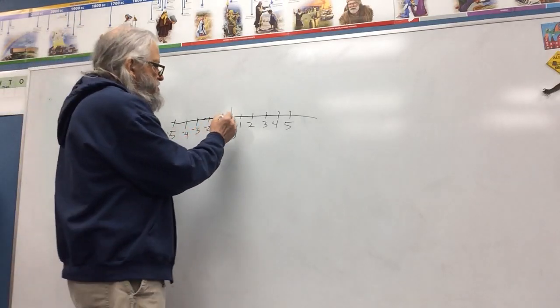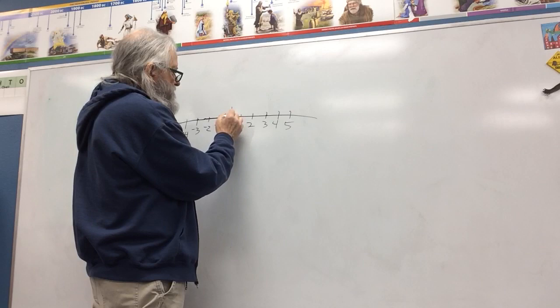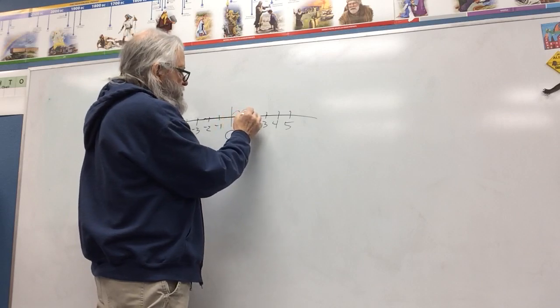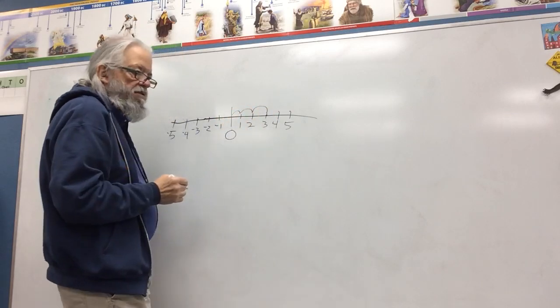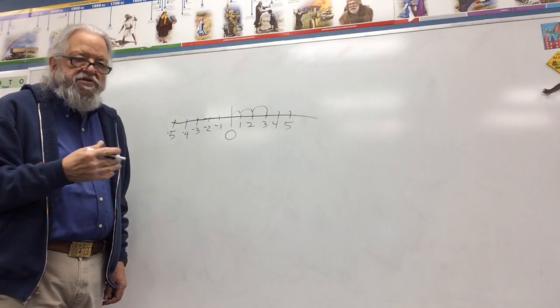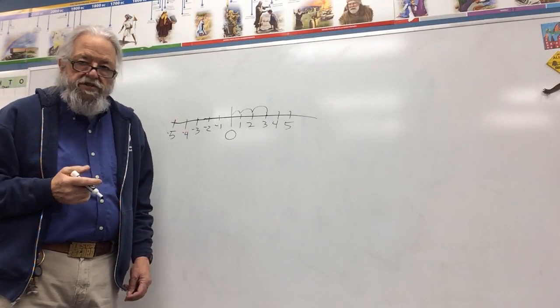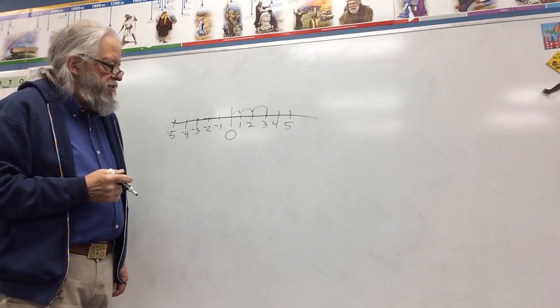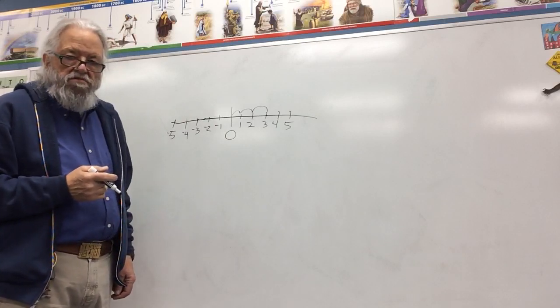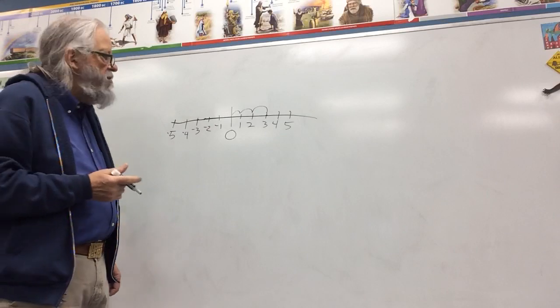Okay? So here, I've got 1, 2, 3. 3 jumps, 3 steps. Okay? If that was inches, 3 inches. All right? From 0. 3 units from 0.